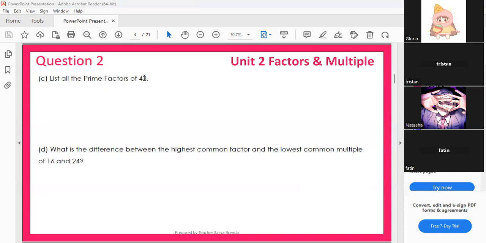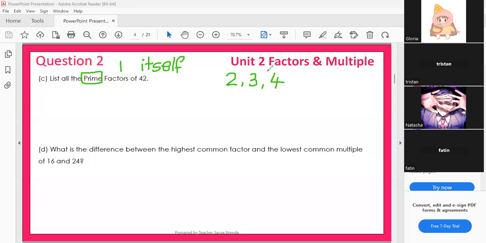List all the prime factors. Please don't forget this prime number. Okay, super important. Prime numbers are numbers that can only divide by 1 and itself. I hope you remember it. It doesn't start with 1. 1 is not a prime. It starts with 2. It goes on to 3 and so on.